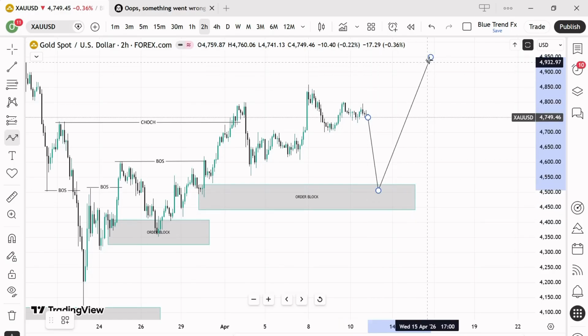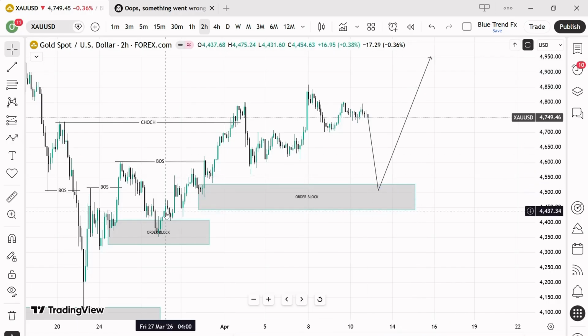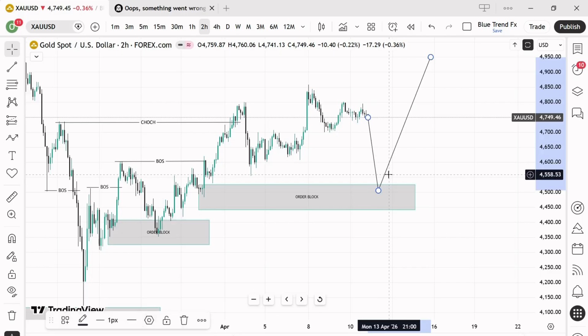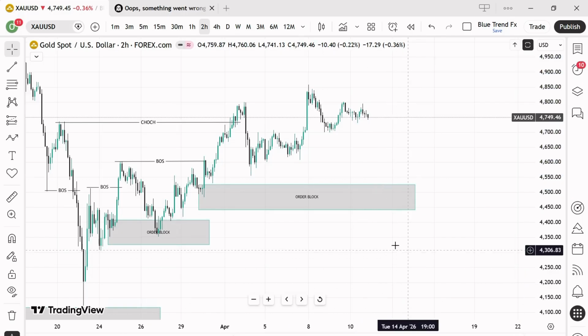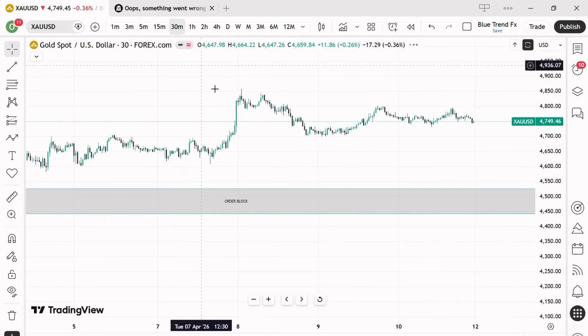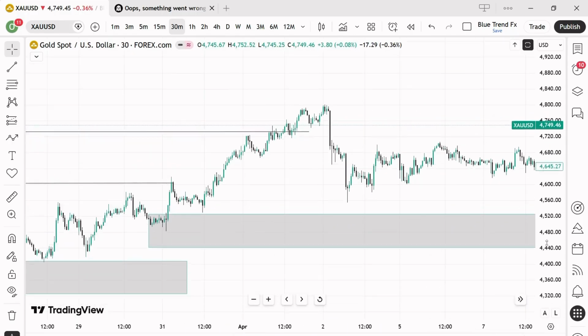Then buyers are gonna take over. So if you refine this level right here to our entry time frame, which is 30 minutes, let's see what we have, guys.